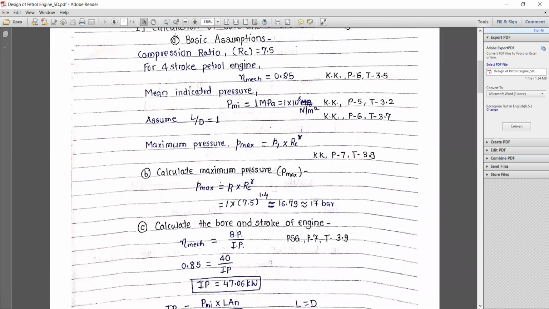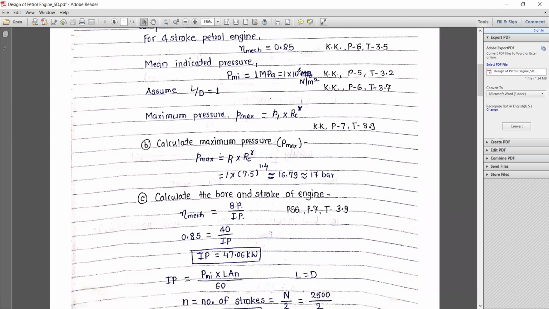Mean indicated pressure P mean is 1 megapascal, that is 1 into 10 raised to 6 Newton per meter square, referring to page number 5, table number 3.2. L by D ratio we are assuming equal to 1, page number 6, table numbers 3.6, 3.7.